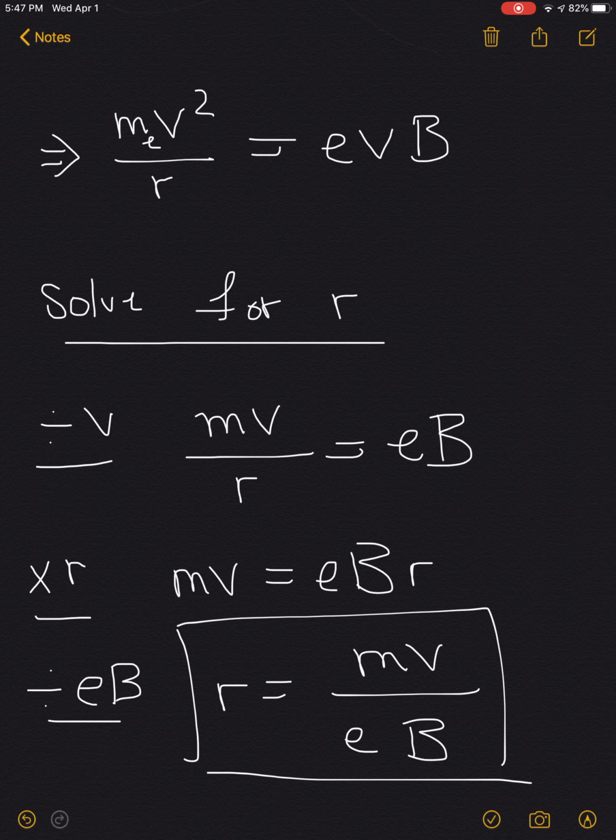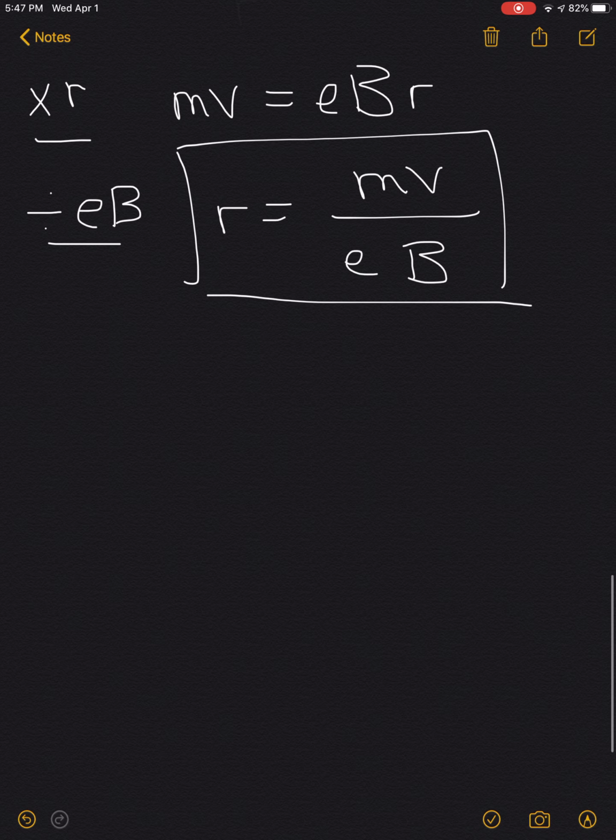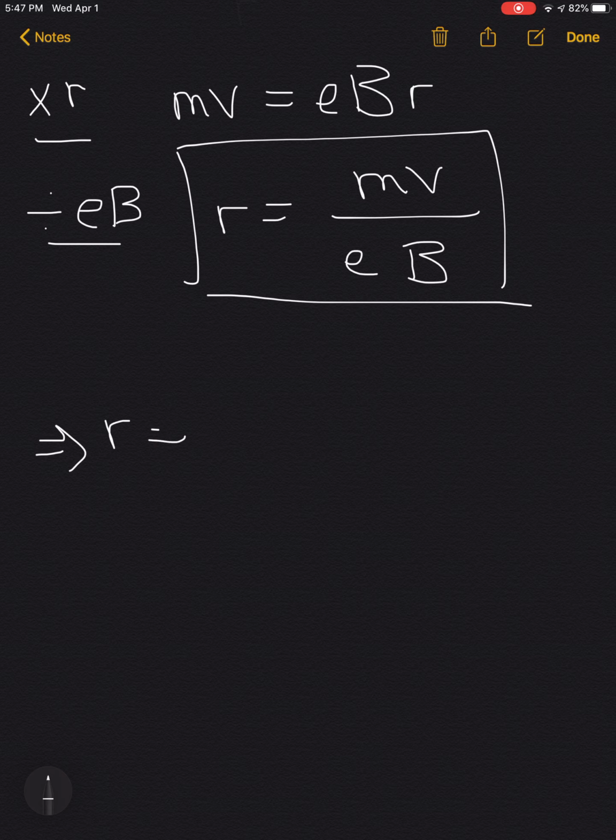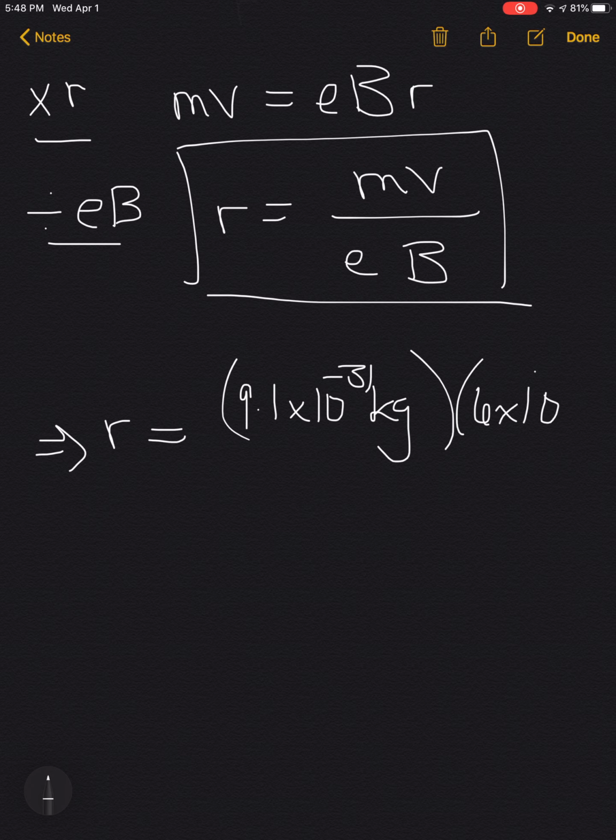Perfect. So now we have all of these parameters. Actually, we know exactly what all of these are. So we have that the radius is equal to 9.1 times 10 to the minus 31 kilograms. We know the velocity is 6 times 10 to the minus 7 meters per second.